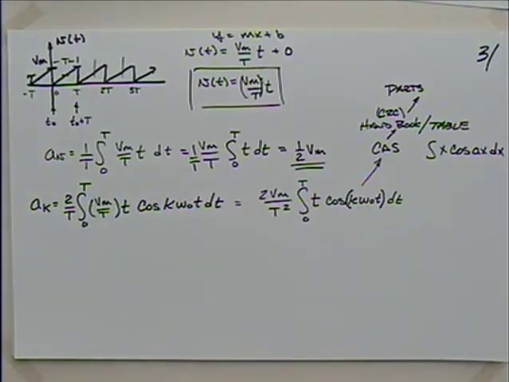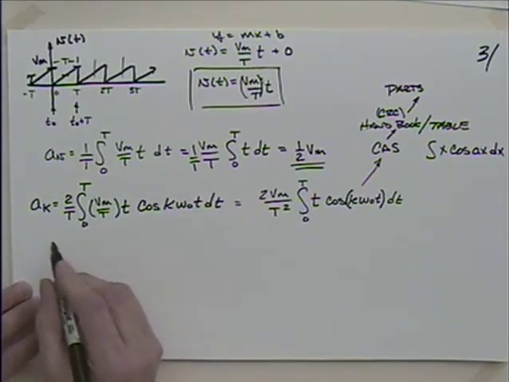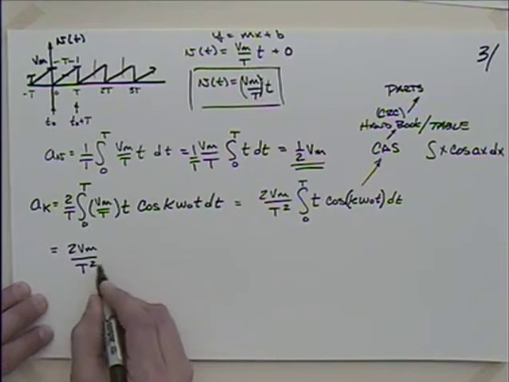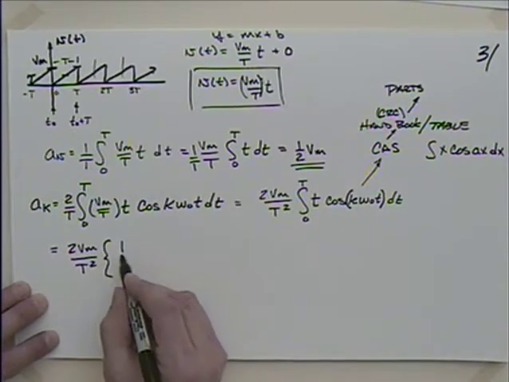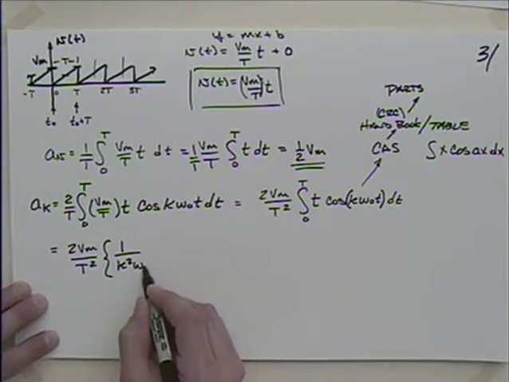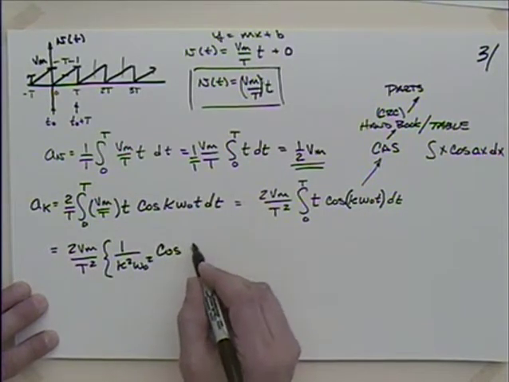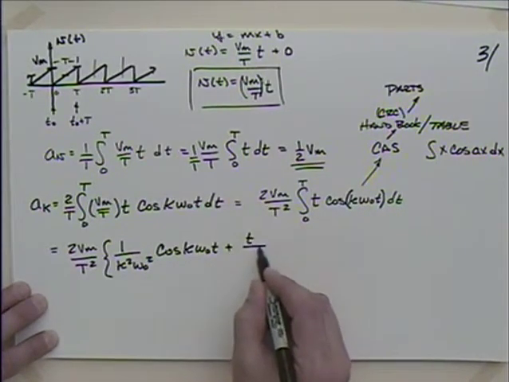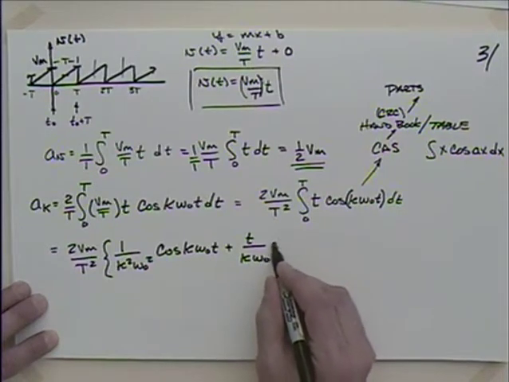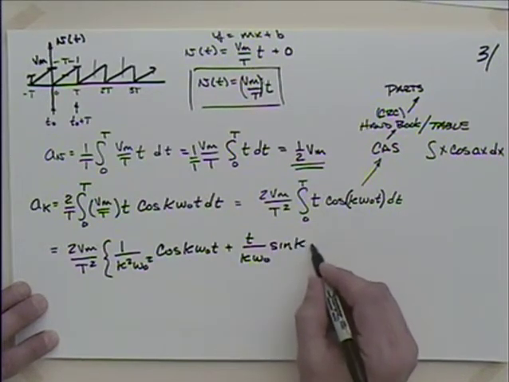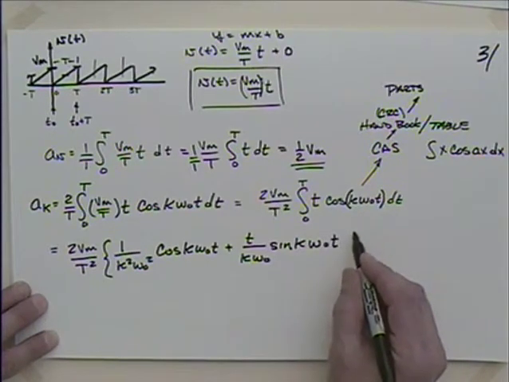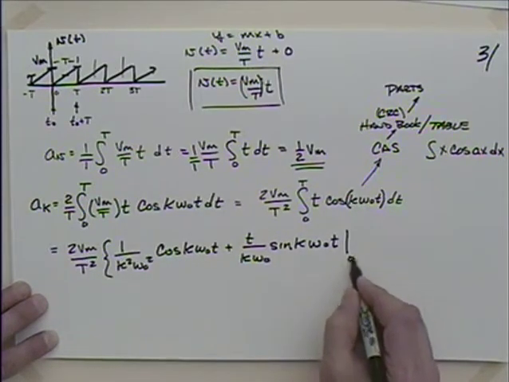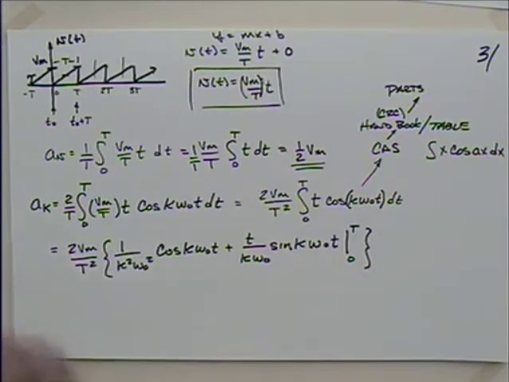So however you want to proceed from there, you would end up with this, that this is equal to 2 Vm divided by T squared times 1 over k squared omega naught squared times the cosine of k omega naught t plus t divided by k omega naught sine of k omega naught t. And then we have to evaluate this thing at, what, 0 and T? So we have something like that. Let me double check that.